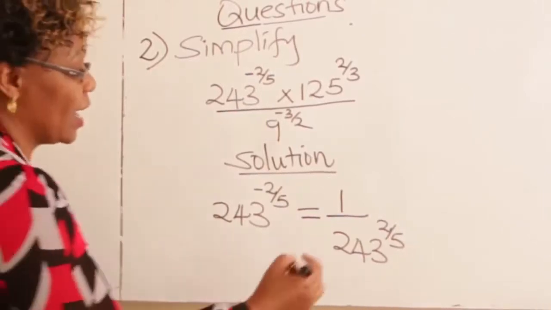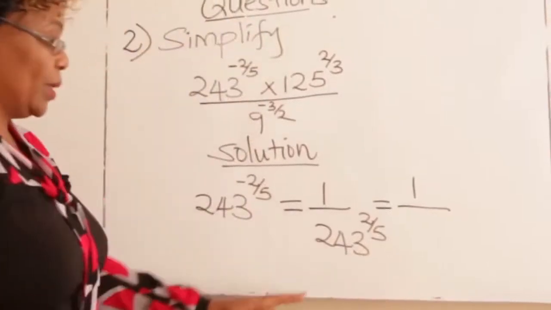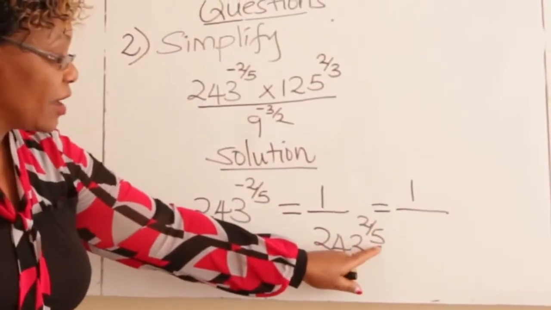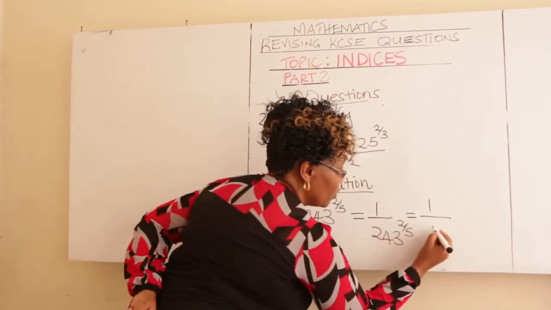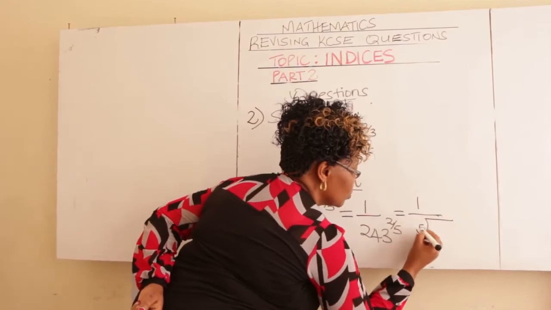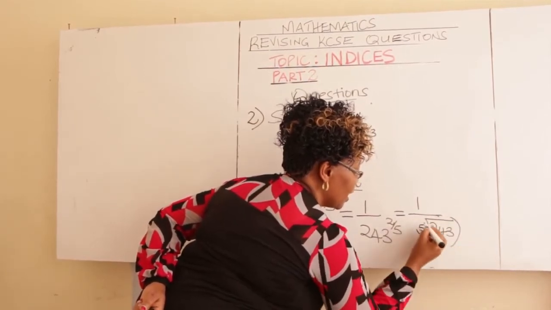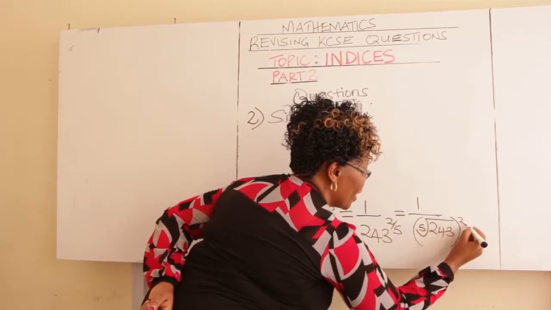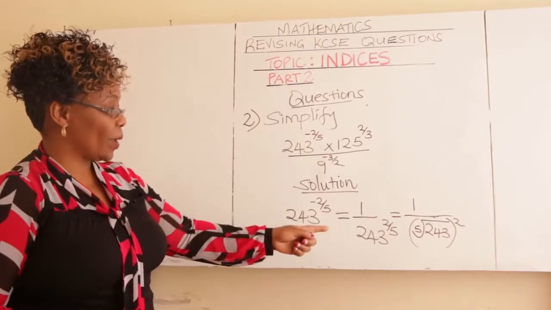So from here, you say this is 1 over, and we dealt with this. This means fifth root of 243, and then you square. Fifth root of 243 and then you square.